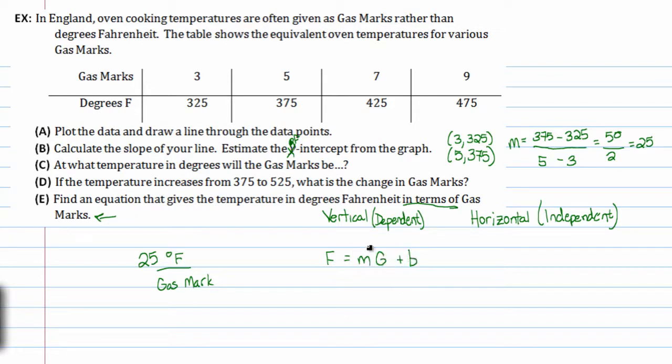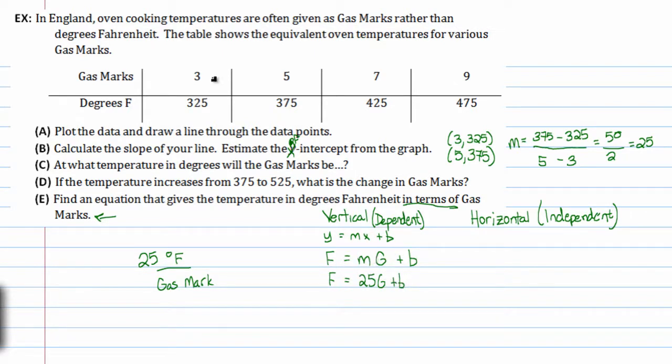So I'm taking on the form y equals mx plus b, but we don't have x for an input variable, we have g, and we don't have y for the output variable, we have f. And I happen to know that the slope here is 25. And now all I need to do is take any of these points and plug it in, and I'll find out what the vertical intercept is.